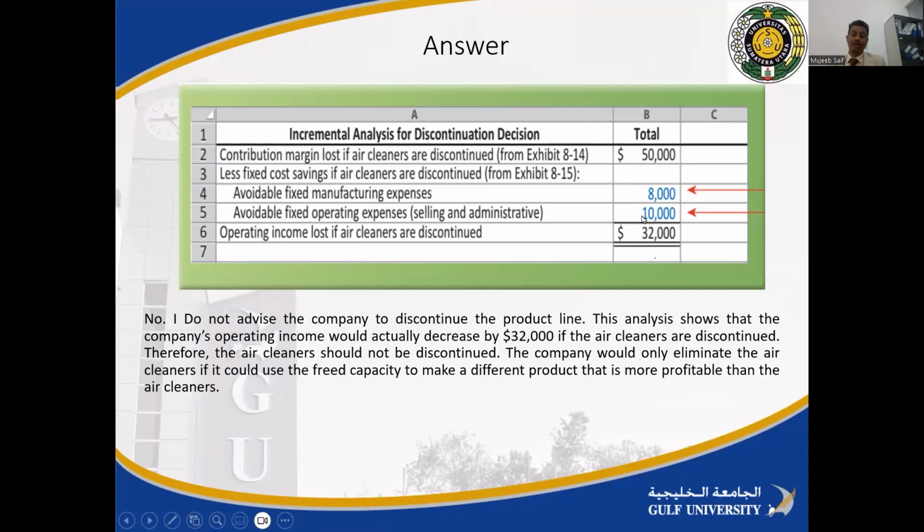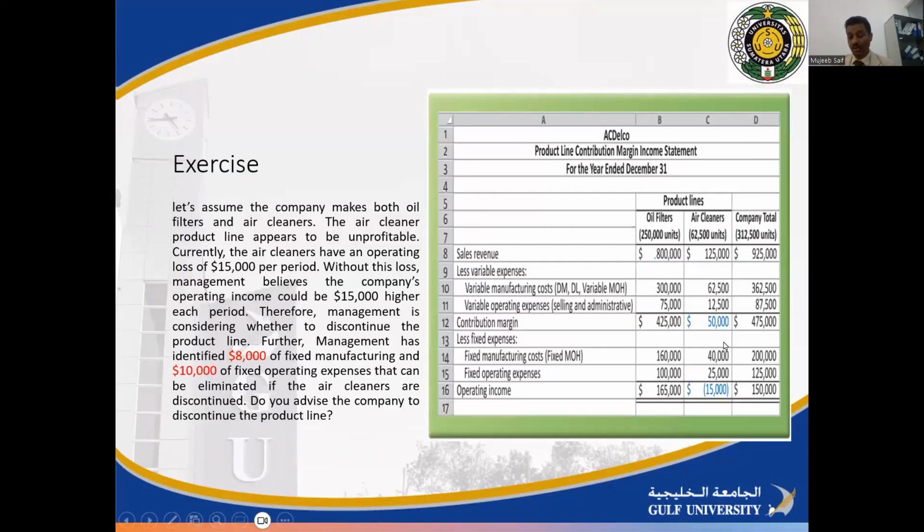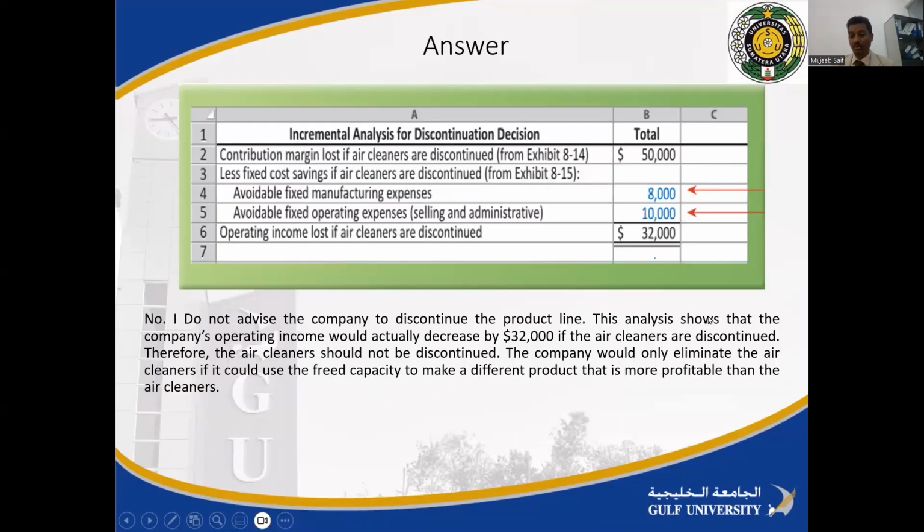So now I will compare the amount that I will lose and the amount that I will save, right? If I close this production line, the air cleaners line, I will lose this contribution, the operating income before tax. So the amount that I will lose is higher than the cost that I will save, right?